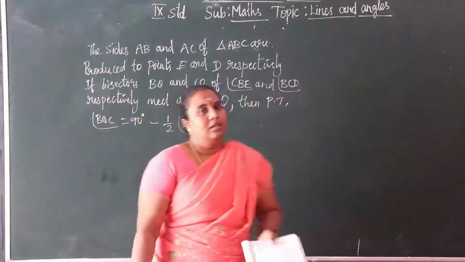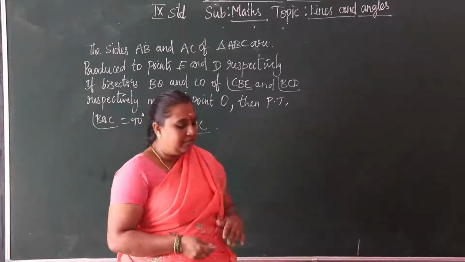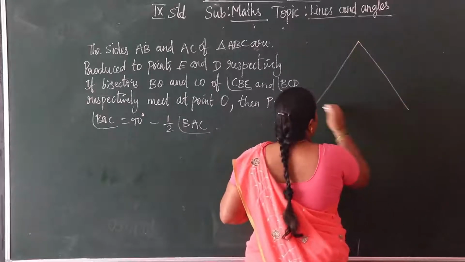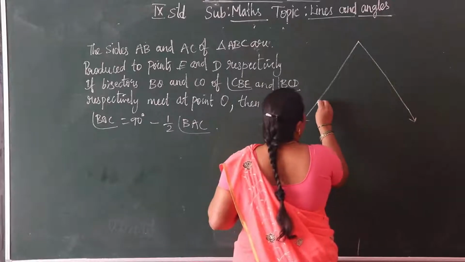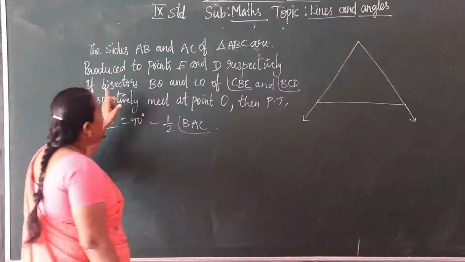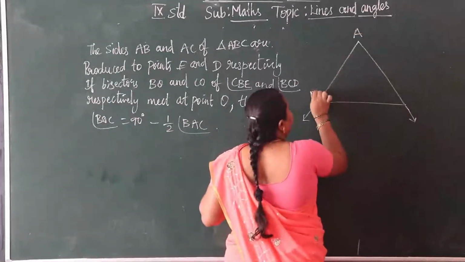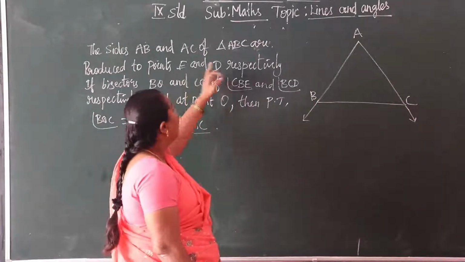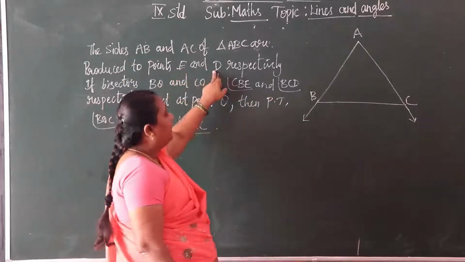So this is the sum given for you. What is the diagram given? See, this is the diagram. Here, the sides AB and AC of triangle ABC are produced to points E and D respectively.